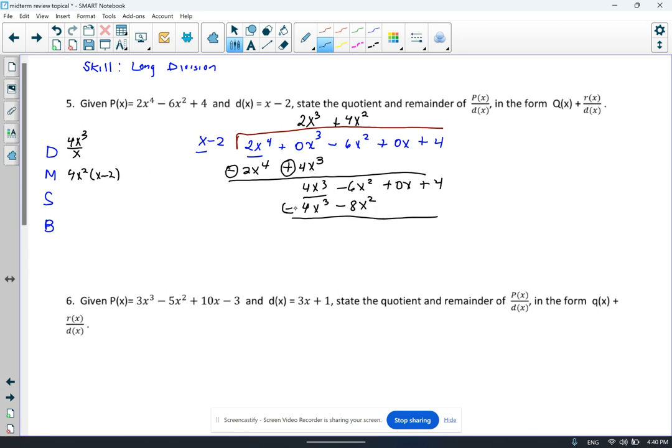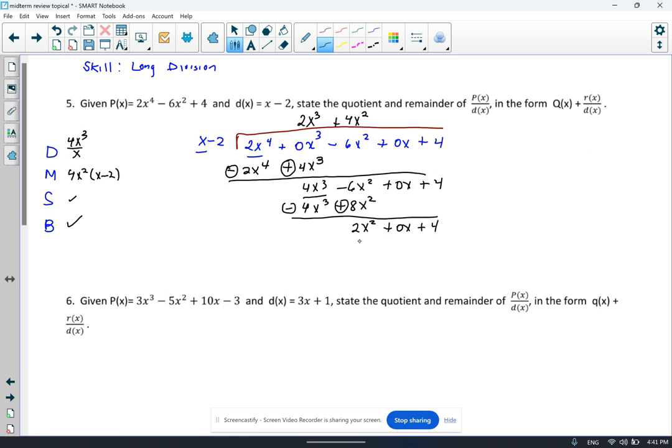I change the signs because I'm going to subtract. Make sure you change them so you remember that you've done that. 4x cubed minus 4x cubed is 0, so you don't have to write anything. Negative 6x squared plus 8x squared is 2x squared. You bring down the 0x and bring down the 4.